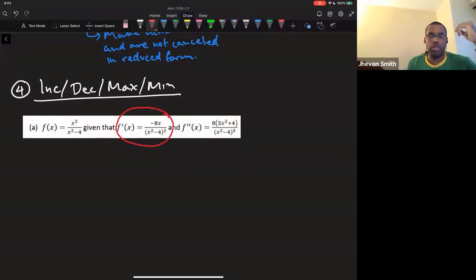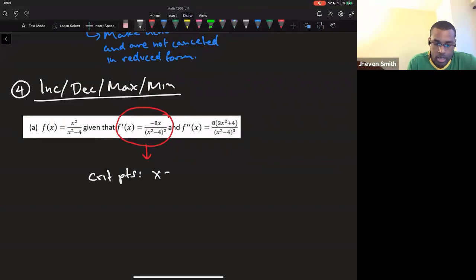We're going to do the first derivative test. So what we're immediately going to do is find the critical points. Notice that x equals 0 and x equals plus or minus 2 are the critical points, right? Because here is where your f prime equals 0, and here is where your f prime is undefined.